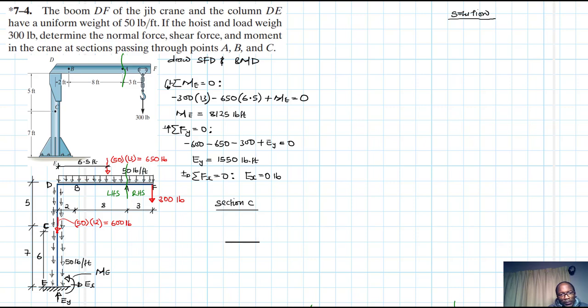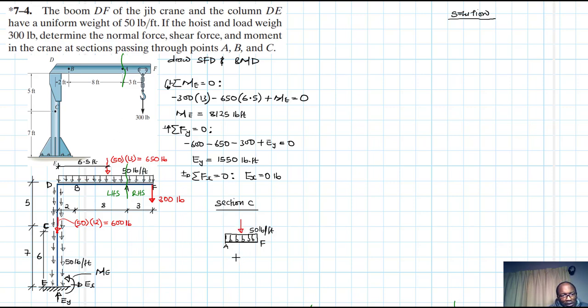So I'll pick that one, and then we are going to replace it with the loads. So we have a distributed force on that section. This point is F and this point is A. So we have a distributed force like this of 50 pounds per feet, and we do have an equivalent force there.